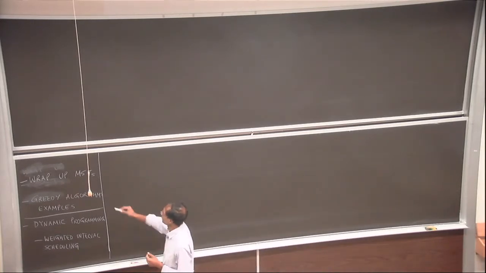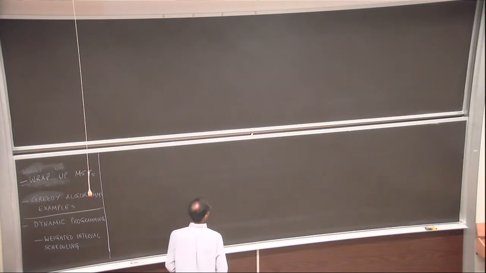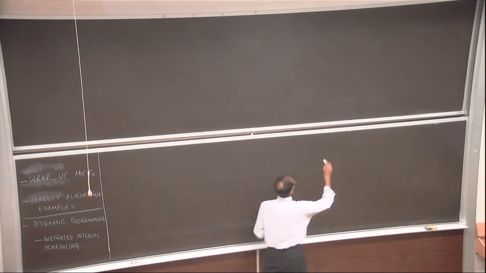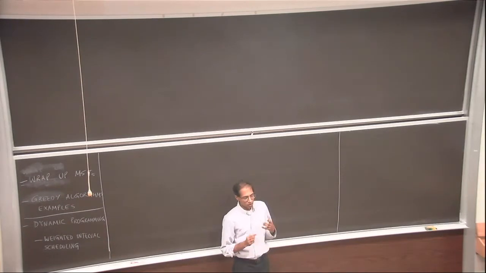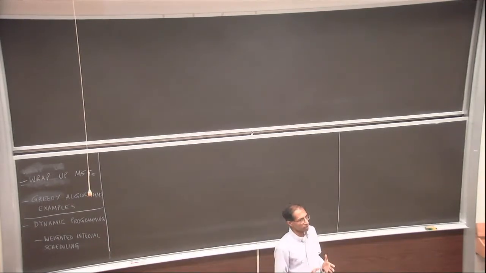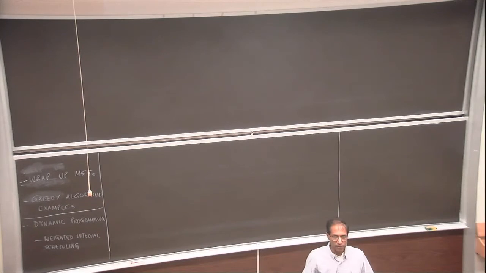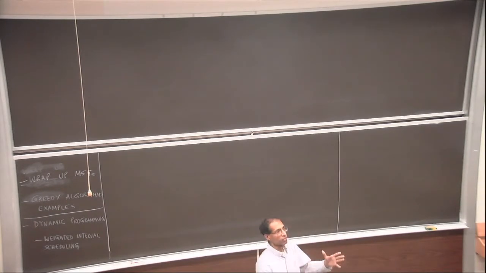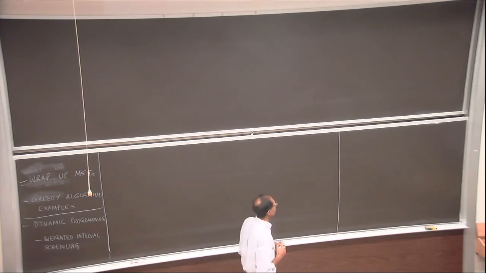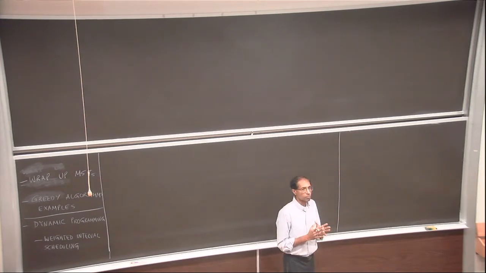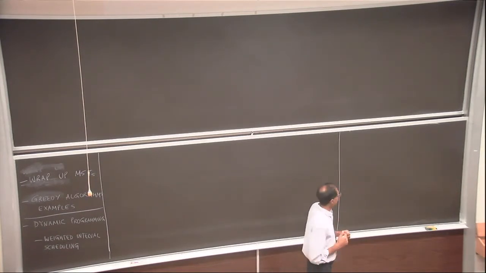Okay, so recall key things about MSTs. Minimum spanning trees are trees that span the entire graph. They connect all the vertices of the given connected graph, and they do it in a way that minimizes the total weight of the tree.